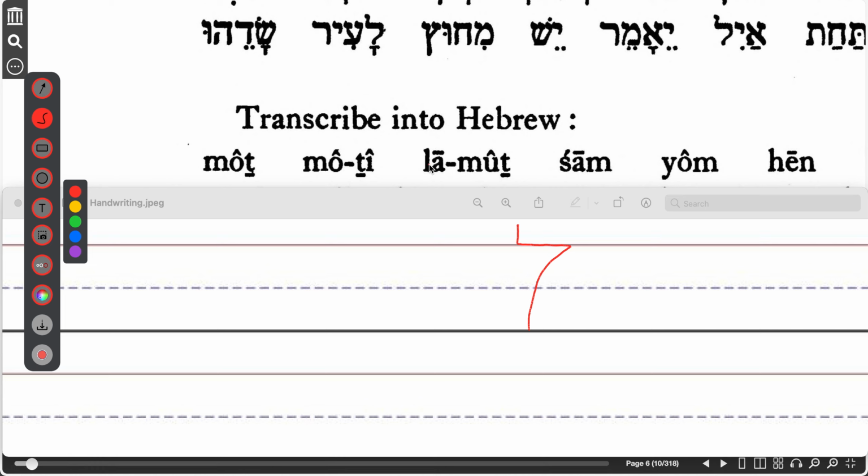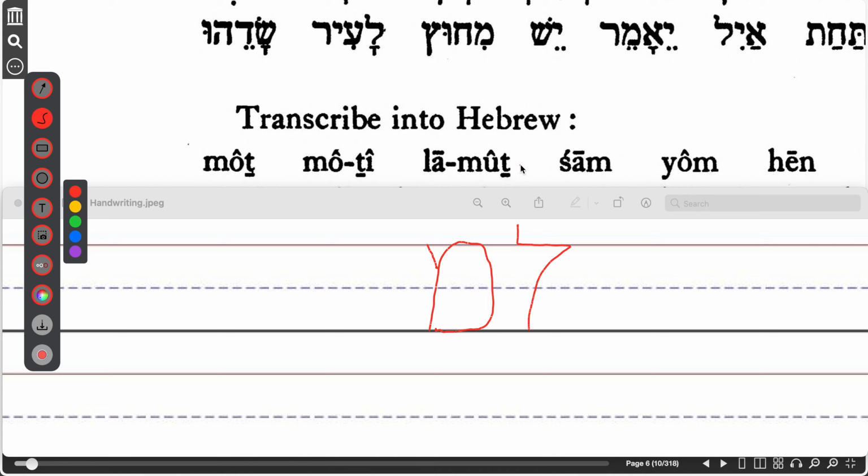Instead of drawing the consonant and then the vowel, sometimes I'll try to draw the actual consonants first. So I see a consonant here, the M consonant, which is mem, and then the final tav, right?